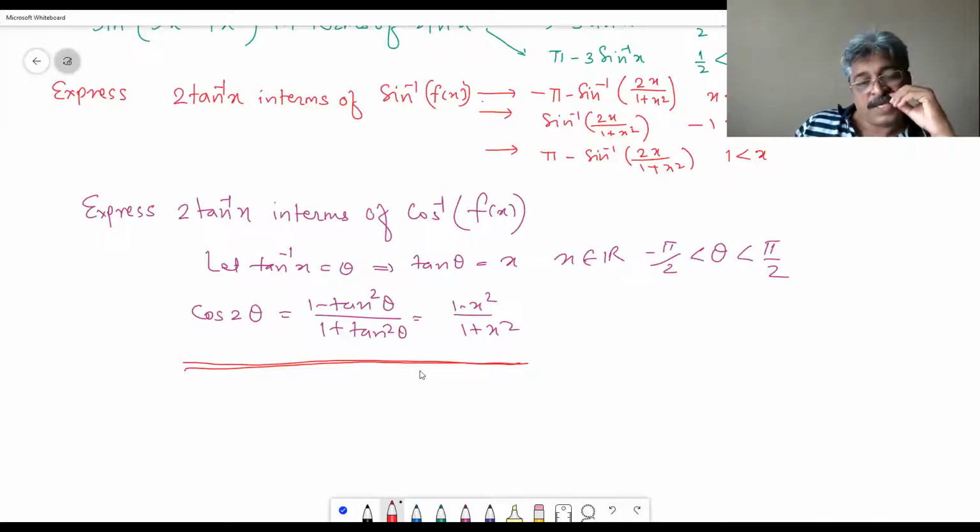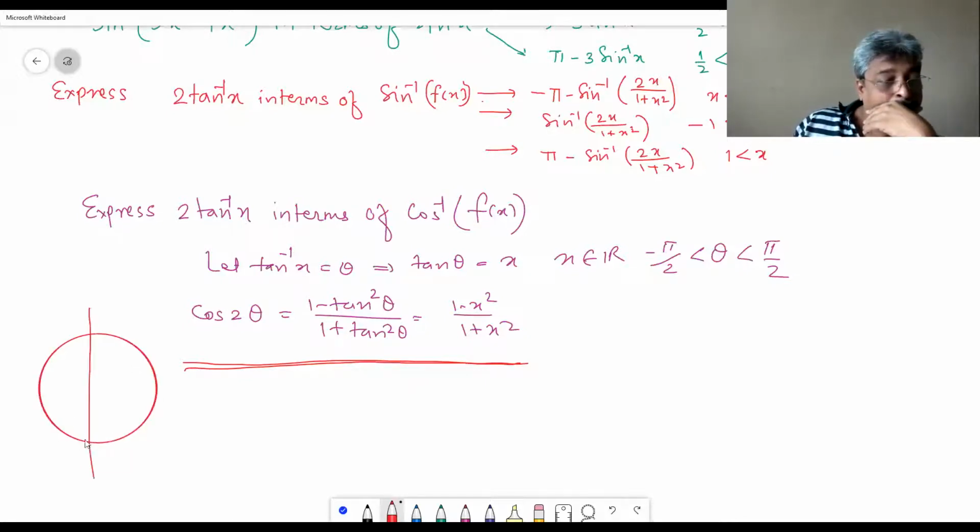So if x is greater than 0, x means cos value.